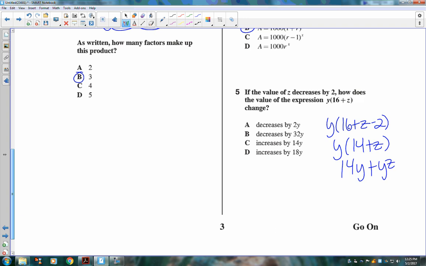All right, this is the new expression. Now the old expression, I'm going to distribute the Y, and I have 16Y plus YZ. Now compare the two that I have boxed. My new expression is 2Y less than my old expression. So it decreases by 2Y, which is A.